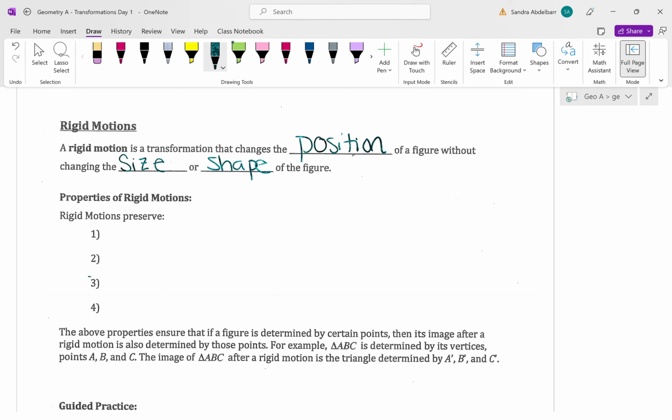There are really only 2 main properties of rigid motion: we have to preserve distance and angle measure. So essentially, in order for something to be considered a rigid motion, your pre-image and your image have to be congruent. If your pre-image and your image are congruent, then it is a rigid motion.